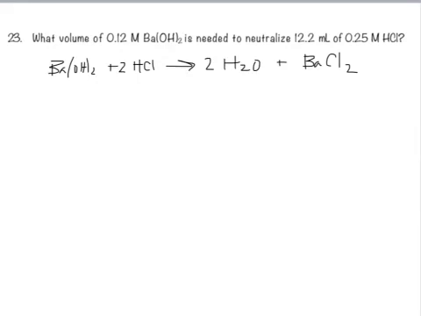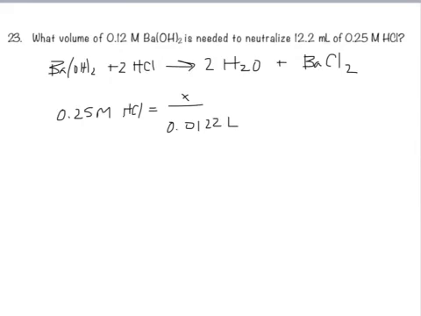Just as before, I know more about the hydrochloric acid, so because I know the concentration and the volume, I can solve for the number of moles. So 0.25 molar HCl. Well, the volume is going to be 0.0122 liters.